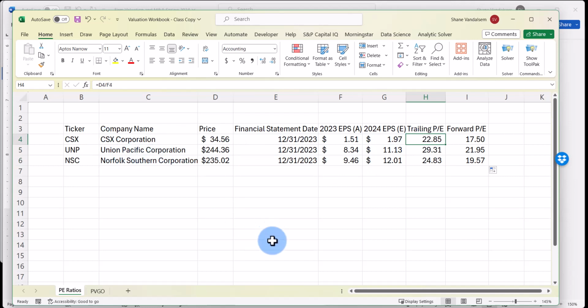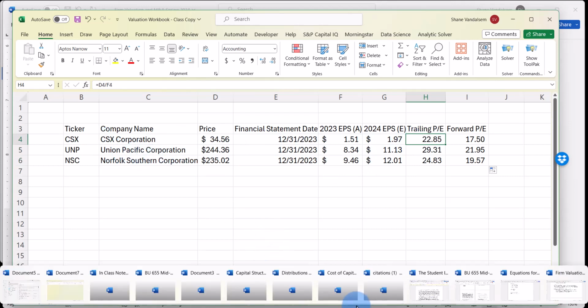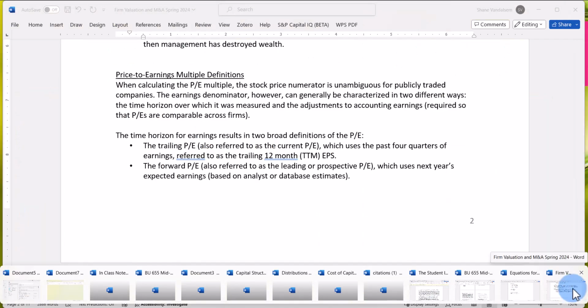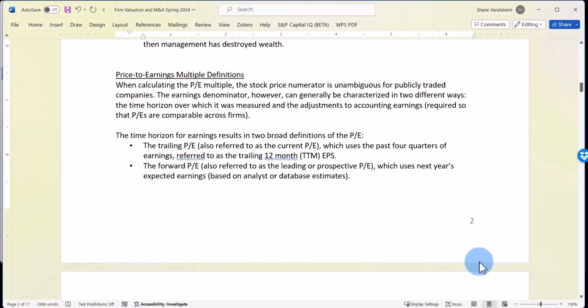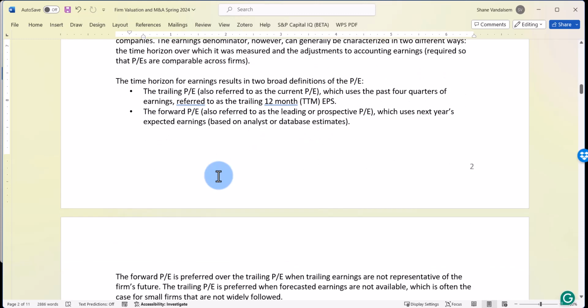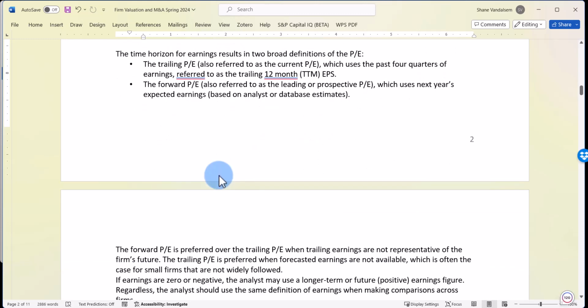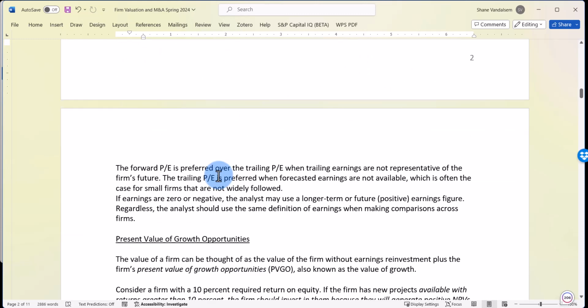I'm going to go back to the notes here just to finish up a little bit about these price to earnings ratios. Why would we use the trailing versus the forward, or the forward versus the trailing? The forward PE ratio is preferred over the trailing PE when trailing earnings are not representative of the firm's future. We've had some rocky years.